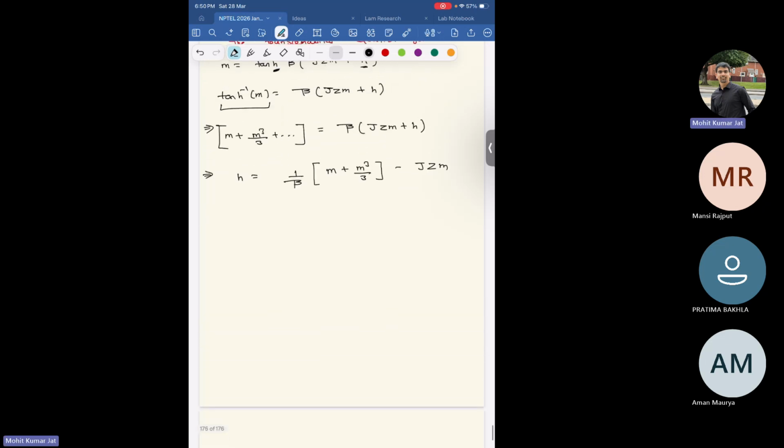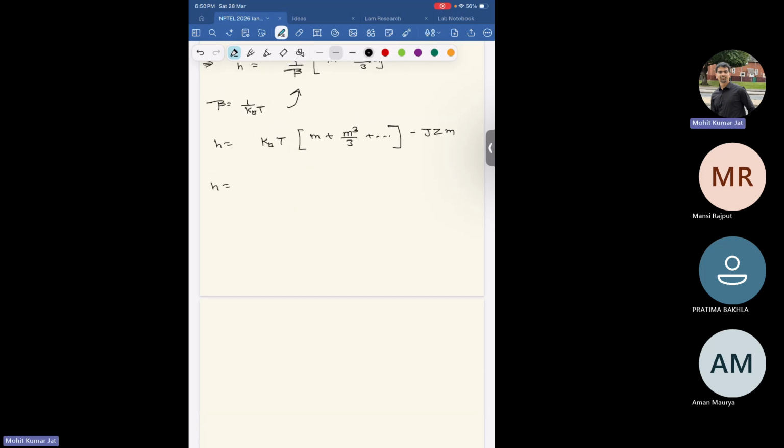And we know that beta is 1/kBT. Let's replace it here. So we get kBT times (M + M cubed/3). There are higher order terms also, M to the power 5, M to the power 7. All those terms are also there, minus JZM.